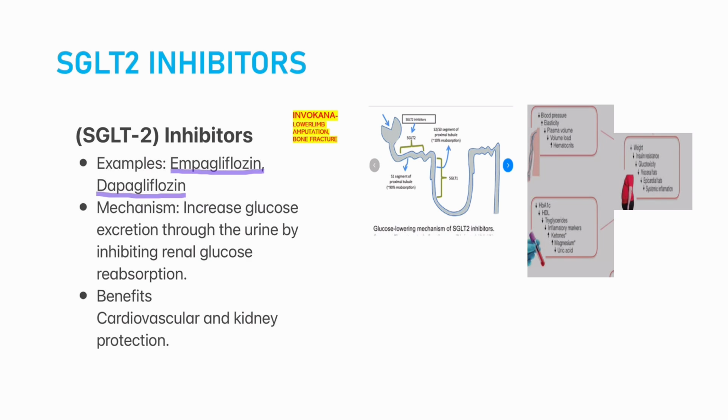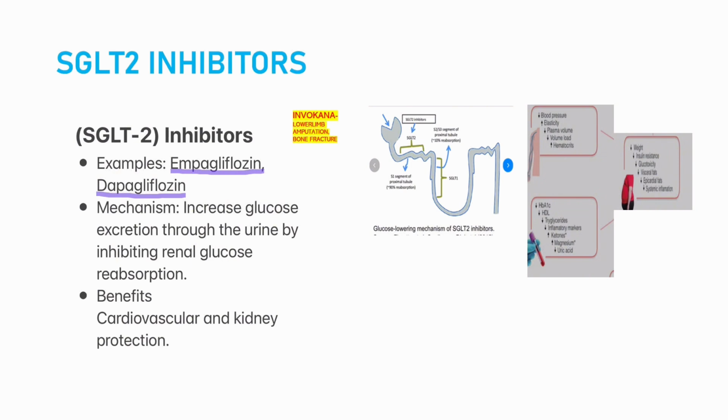So what are the disadvantages of this medication? This is very expensive if there is no insurance, not effective in patients with an eGFR less than 20, and there is a risk of genital infections, genital mycosis, candidiasis, vulvovaginosis, urosepsis, pyelonephritis.